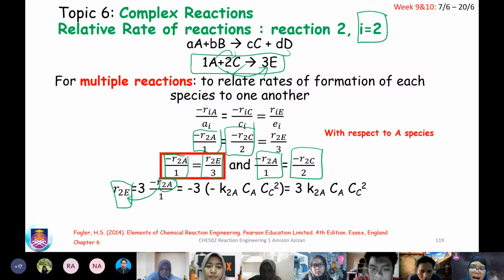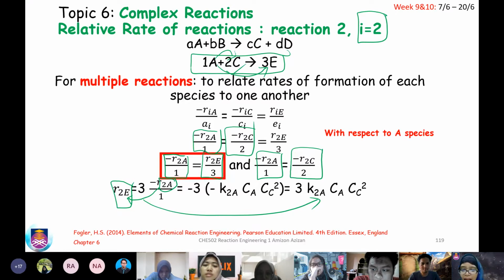So what is R2E? Yeah, simply simplify that equation. Which is K minus R2A. Substitute the R2A. Yeah. Then we got minus and minus, now it becomes positive.